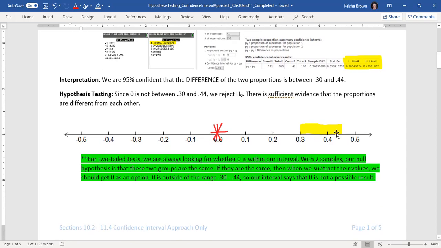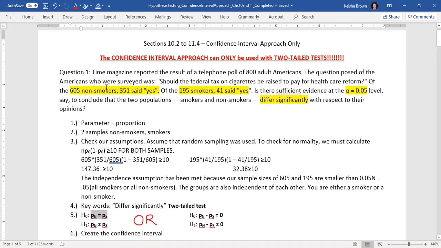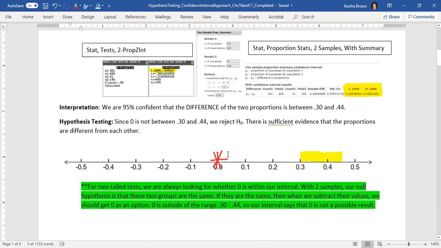But 0 is not in between 0.3 and 0.44. So we're going to reject the null hypothesis. And when we reject, that means there's sufficient evidence, or we can say there's statistically significant evidence, or we can say there is enough evidence that the proportion is different between non-smokers and smokers.